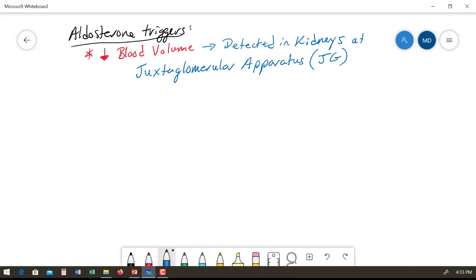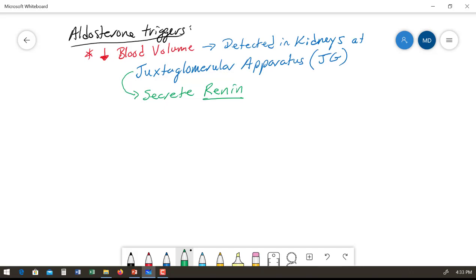This is a set of cells that sit between the afferent and efferent arterioles, and I'll show you a picture of this in a moment, or a drawing of this. These cells detect this drop in blood volume, all right. And when these cells detect this drop in blood volume, they then secrete renin.